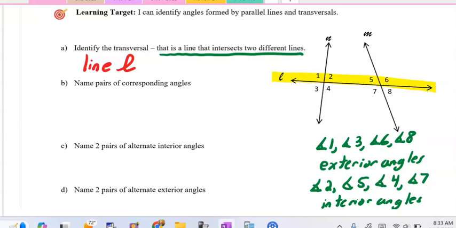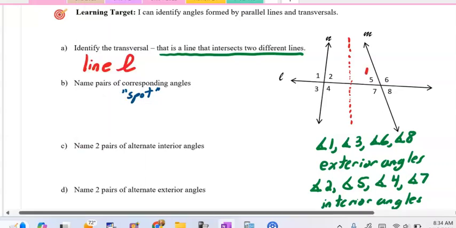And then the word corresponding, we talked about, quote, in the same spot. So if we were to slide over angles 1, 2, 3, and 4, so if you can imagine cutting the piece of paper, maybe along this dotted red line, if you were to cut the paper along that dotted red line and slide over 1, 2, 3, 4, 1 would be on top of 5.